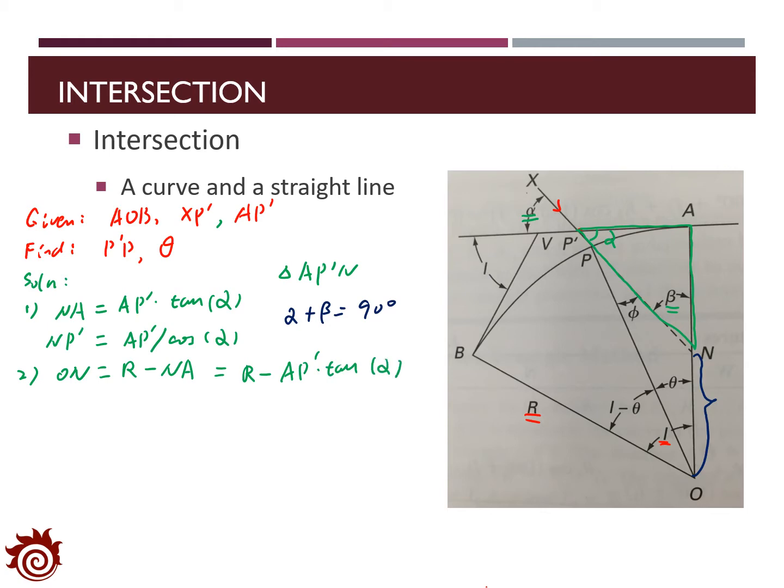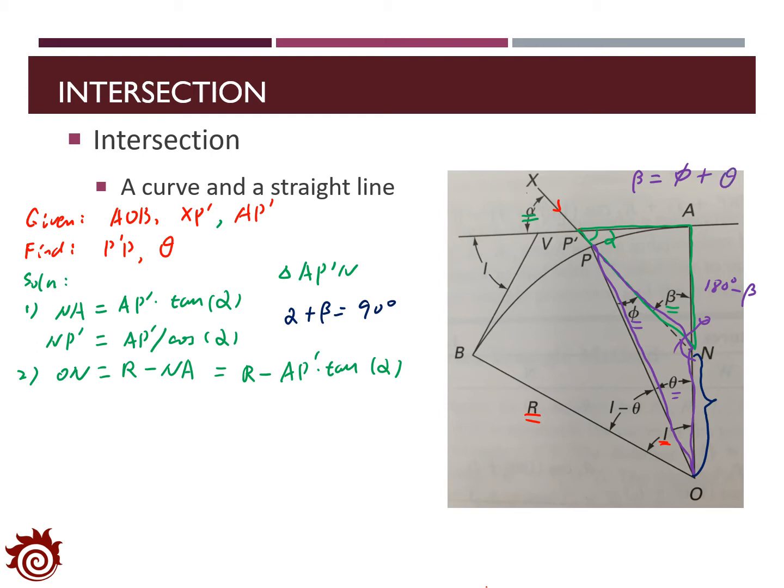And in the next step, we want to consider the triangle OPN, assuming that the angle of NPO is phi and the angle of NOP is theta. The rest angle here will be 180 degrees minus beta. We also have beta equal to phi plus theta.